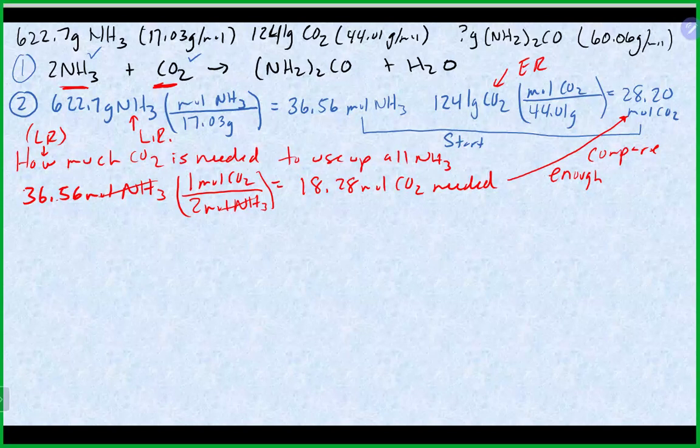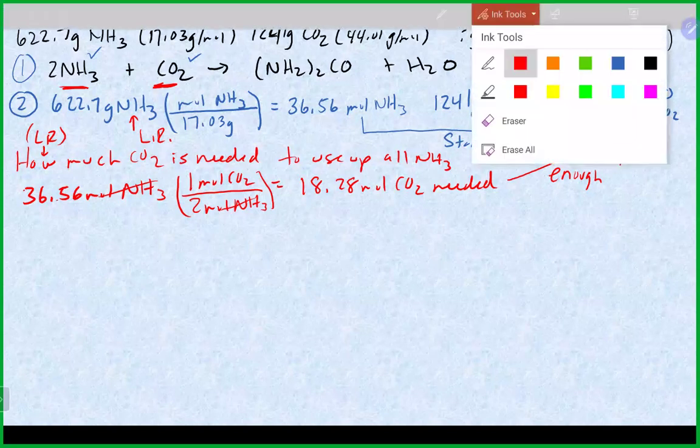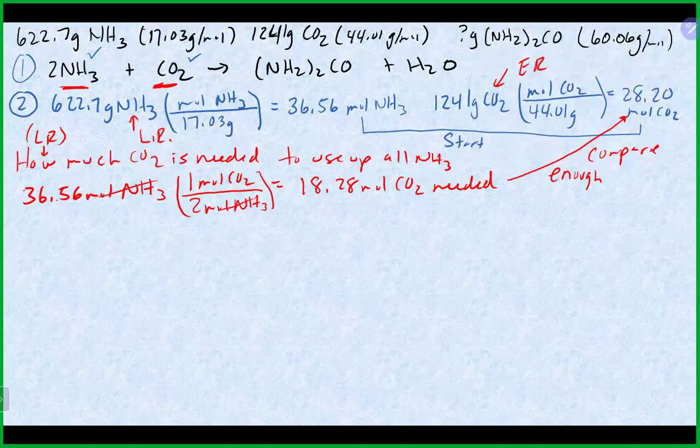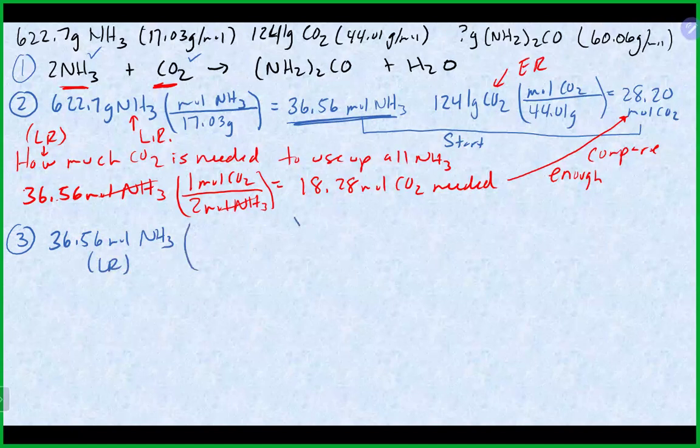Now that we've determined which one is our limiting reagent, we really could just pick back up into our basic stoichiometry situation, and we start with our limiting reagent. It's important to make sure that you start with the starting amount of your limiting reagent. So that's going to be, in this case, my 36.56 moles of NH3. I can now do, between my limiting reagent and my product, the mole-to-mole relationship from the equation.